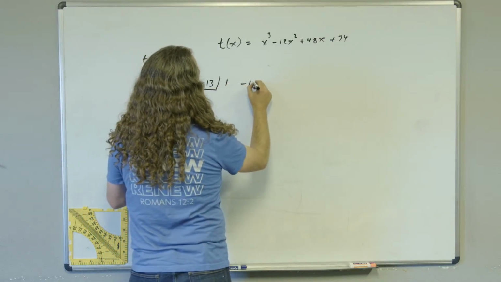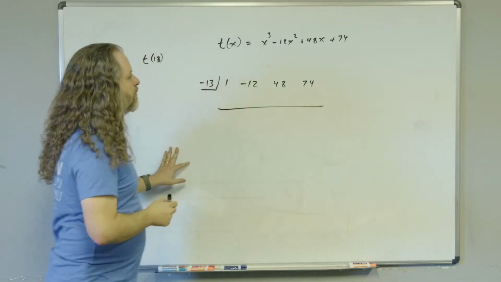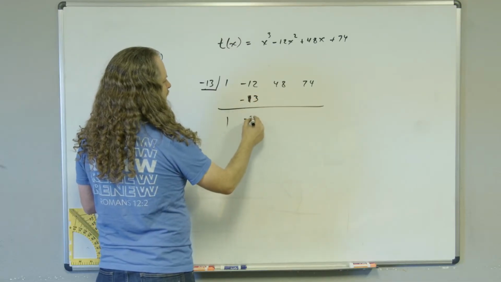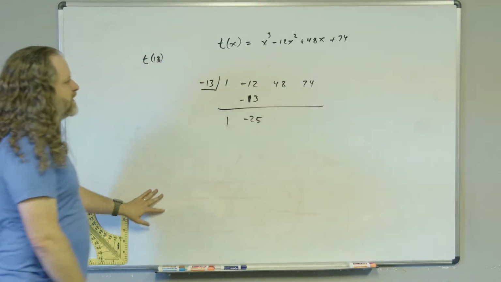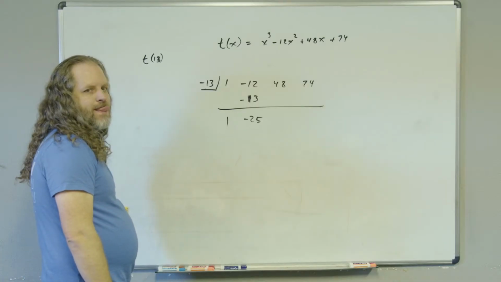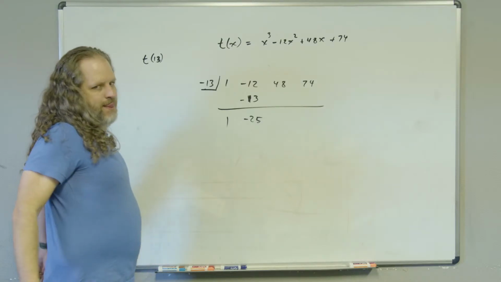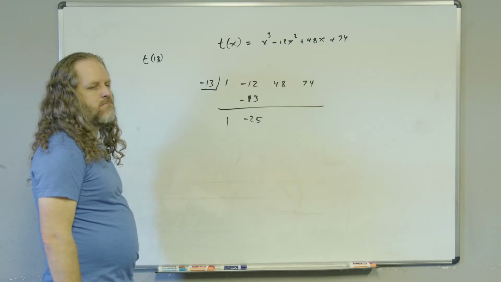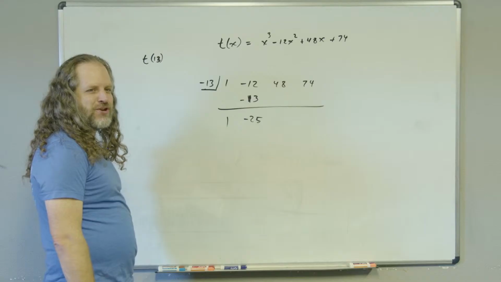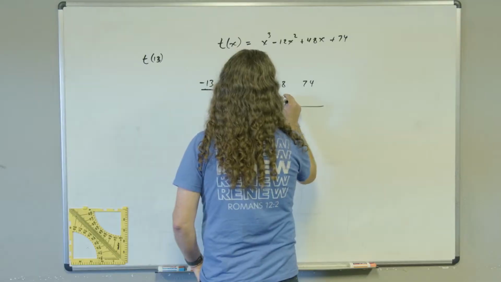Does the remainder go in the... So we bring down a 1, negative 13, negative 25, times negative 13 is positive something. 13 times 25 is 325.